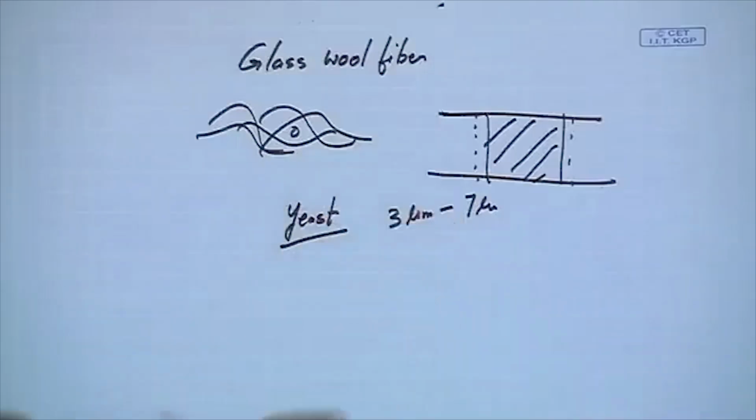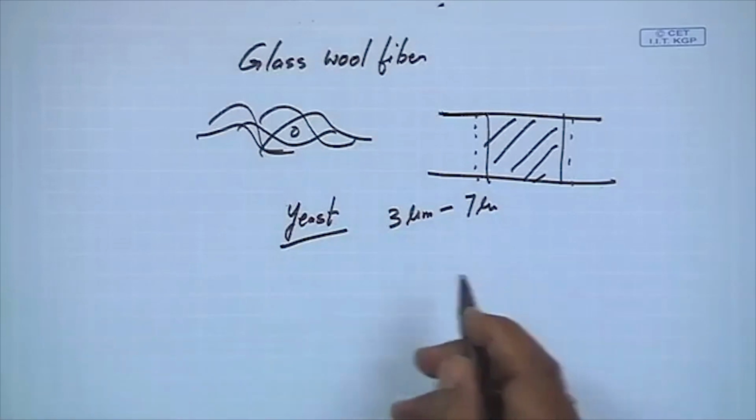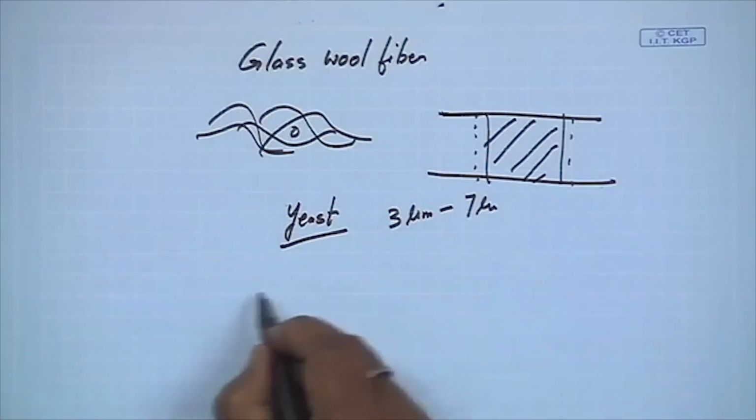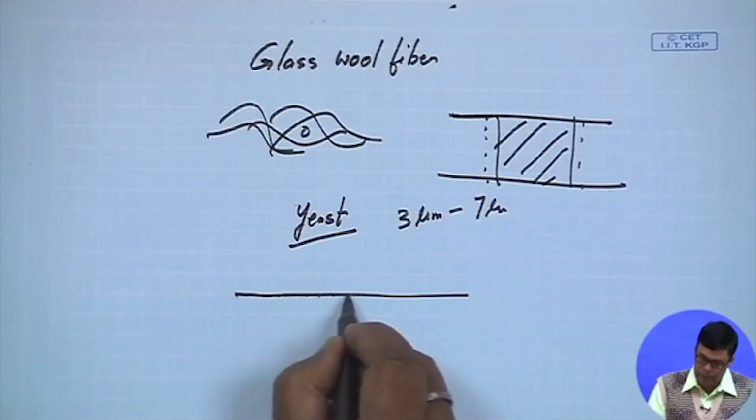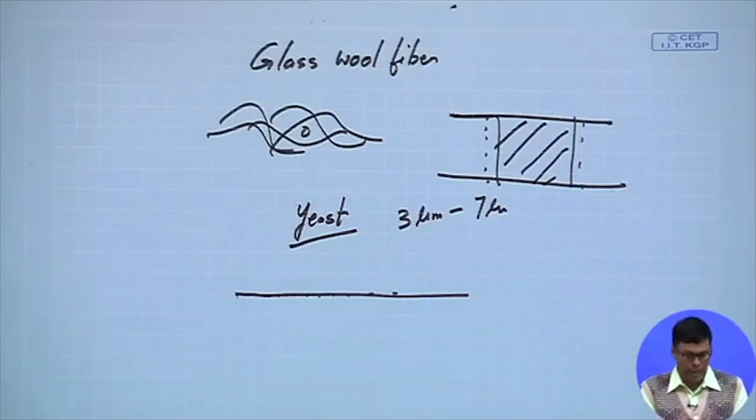So this is the depth filter that we have, and the membrane filter is very simple: we have a membrane with some pores. The basic difference between the membrane filter and the depth filter is that the membrane filter has a lot of operational problems, because if we reduce the size of the pore, the pressure across the membrane will be very high.